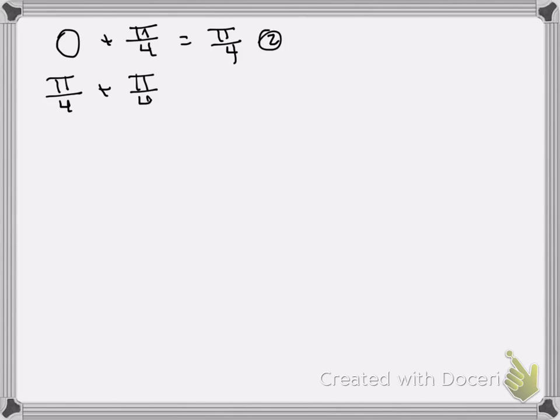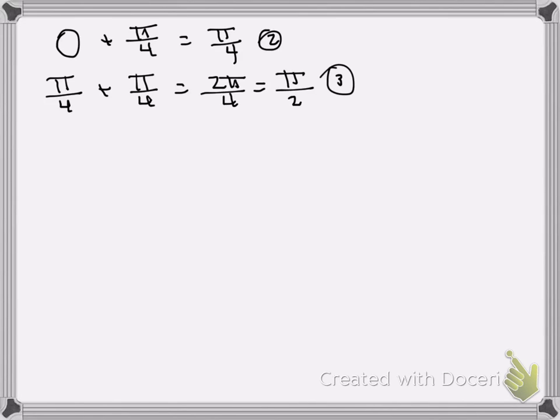So what that means is the first point starts at 0. If I add pi over 4, my next point is pi over 4. So this is my second point. Then from pi over 4, I add another pi over 4, and I get 2 pi over 4, which is pi over 2.